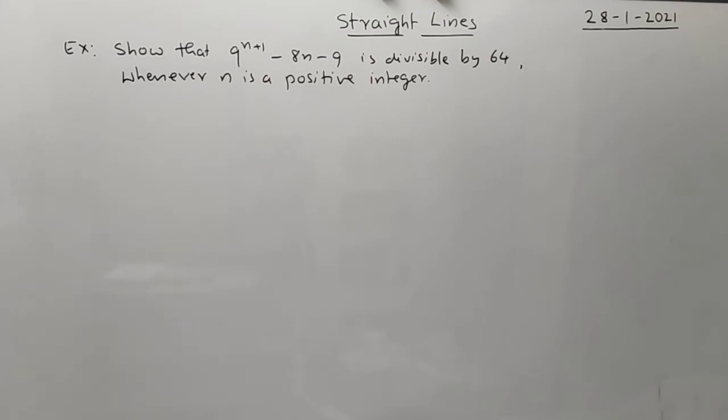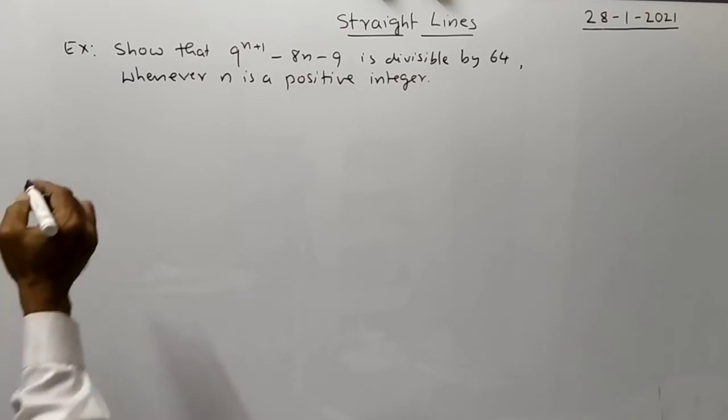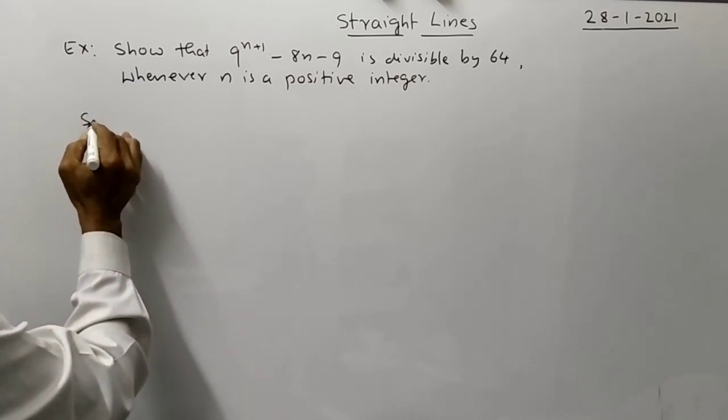Show that 9 raised to the power n plus 1 minus 8n minus 9 is divisible by 64 whenever n is a positive integer. Solution.